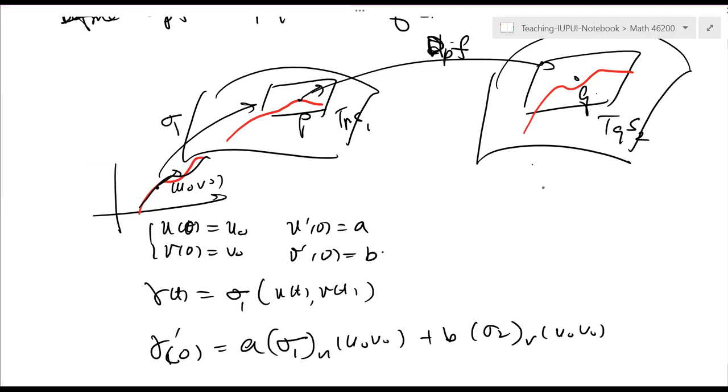That curve I call gamma 2, and this is actually going to be F circle gamma.